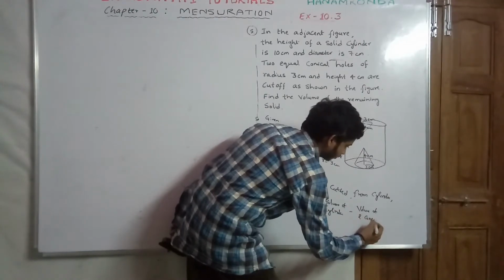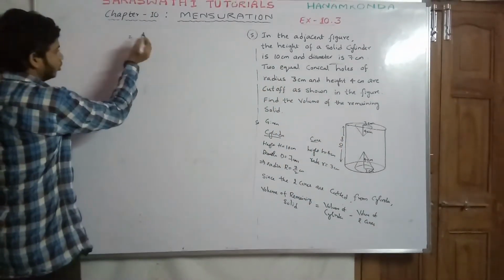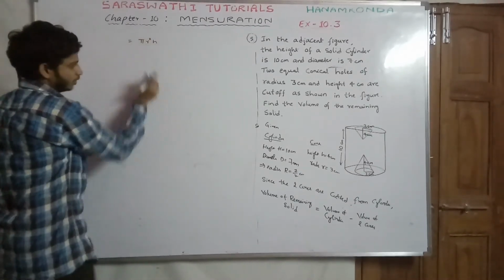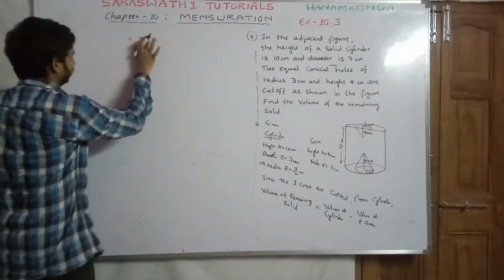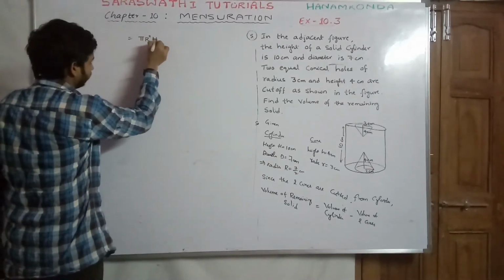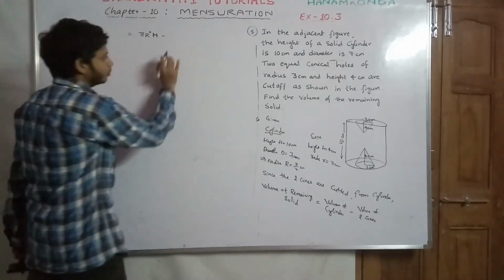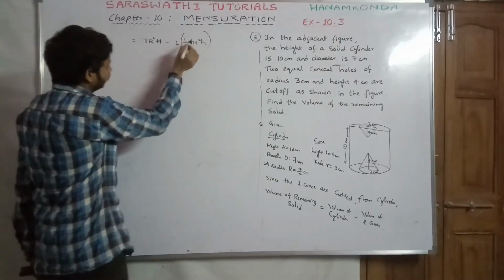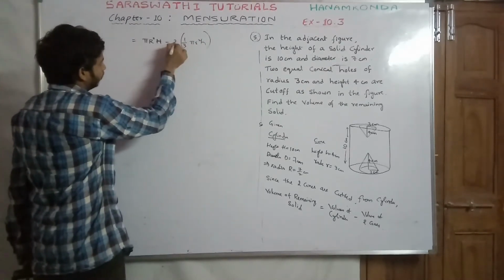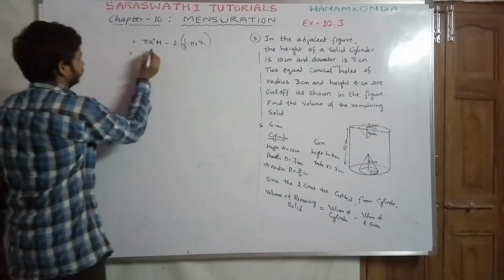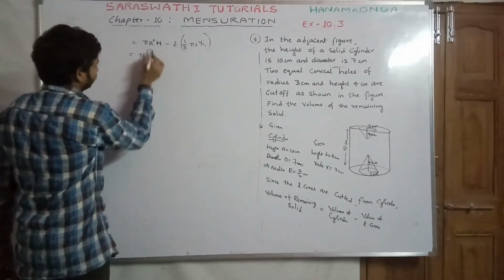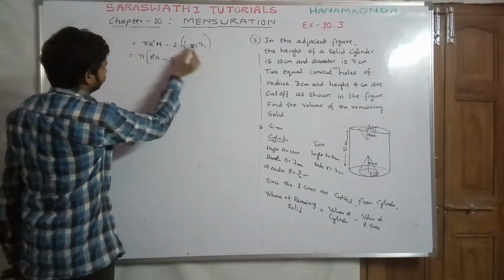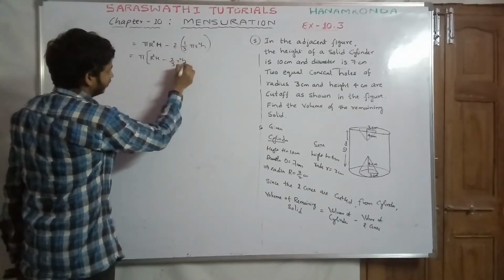We know that the volume of a cylinder is pi r square h. Here capital H and capital R are taken for the cylinder, so pi capital R square into capital H, minus the volume of two cones. The volume of a cone is 1 by 3 pi r square h, and since there are two cones, we multiply by 2. Taking pi as common, it is pi into capital R square into capital H minus 2 by 3 into small r square into small h.